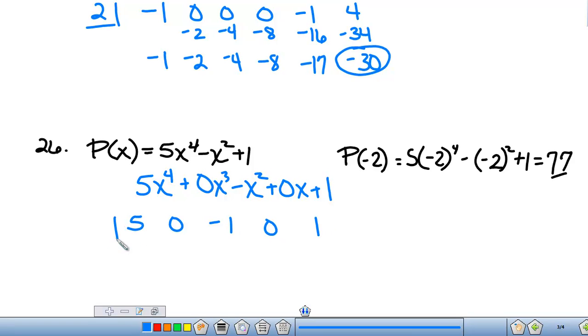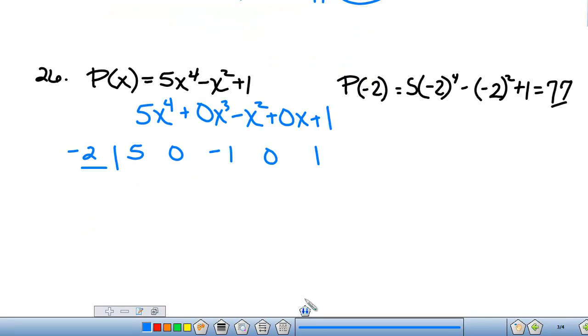and we're going to be putting a -2 inside this box and dropping down that first term and start our multiplication. -2 times -5 is -10. Add those together. -2 times -10 is a +20. Add those together. -2 times 19 is a -38.